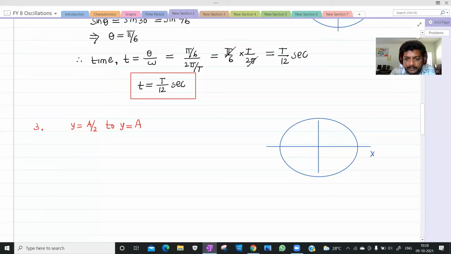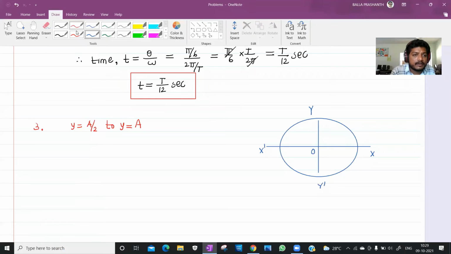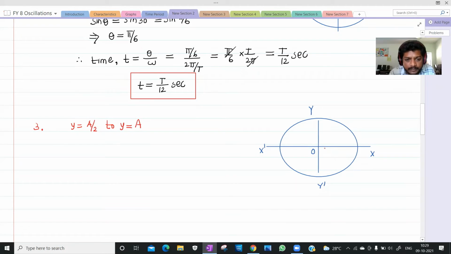This is x and this is y, this is x dash and this is y dash. This is the origin, right? Now tell me where the particle is. Y equals a means this is the particle position. Y equals a by 2, sir. This is P initial.